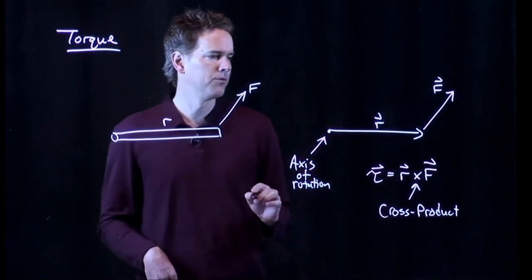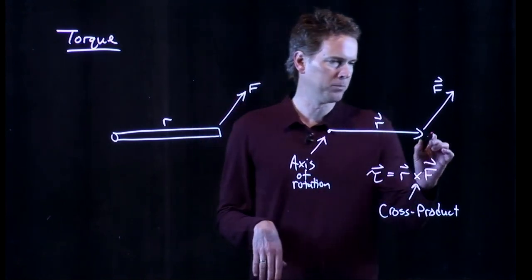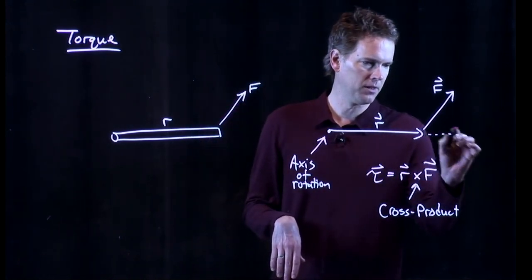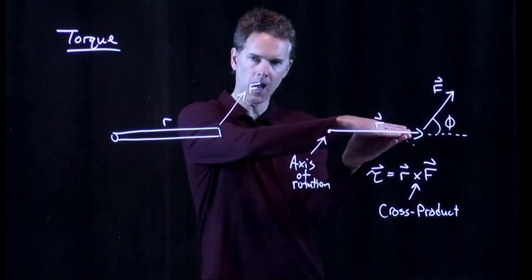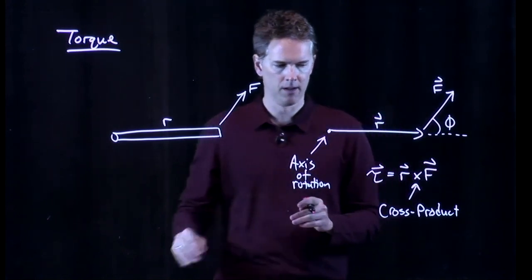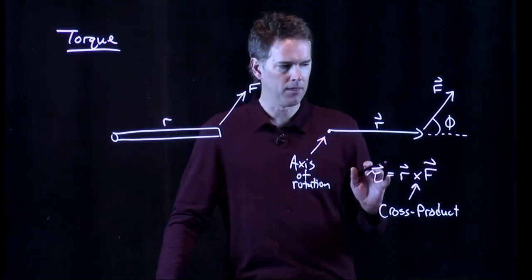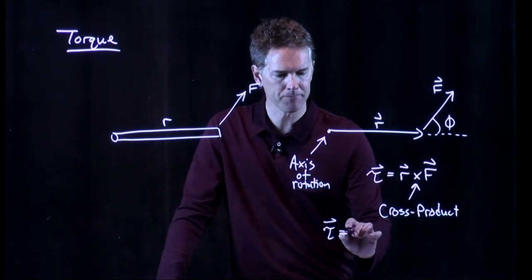Okay, so to define the cross product, we need to define something else in this picture. Let's call it this angle right here, phi, which is the angle between the line of R and the line of F. And if we do that, then this cross product becomes the following.